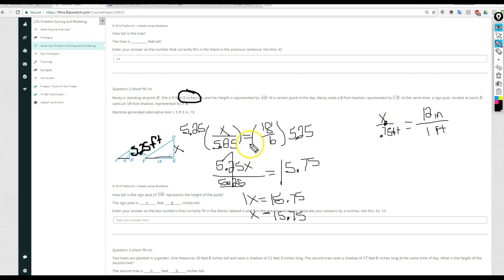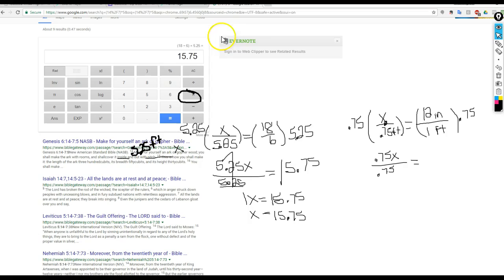If you notice, it's set up exactly like the proportion we just solved. So we're going to multiply both sides using our multiplication property by 0.75. 0.75 times x divided by 0.75 is 0.75x divided by 0.75x is equal to 12 divided by 1 times 0.75. 12 divided by 1 is just 12.